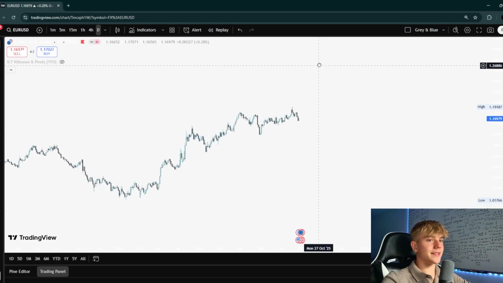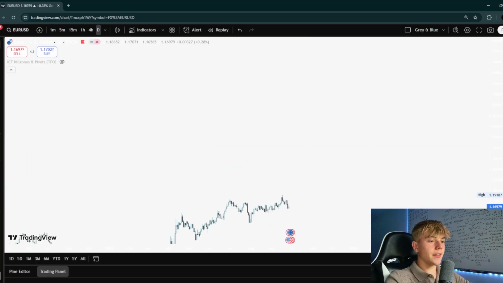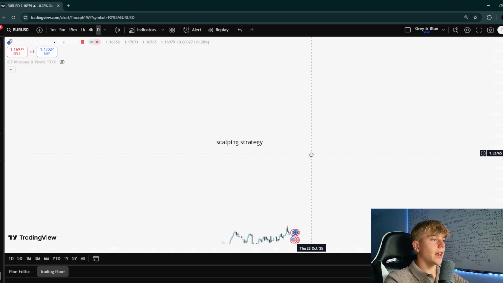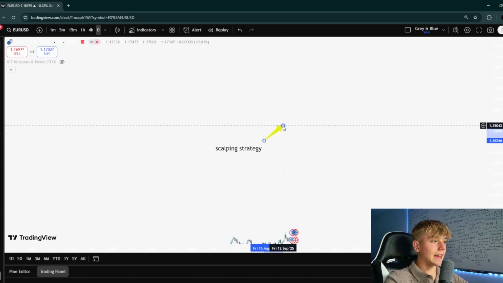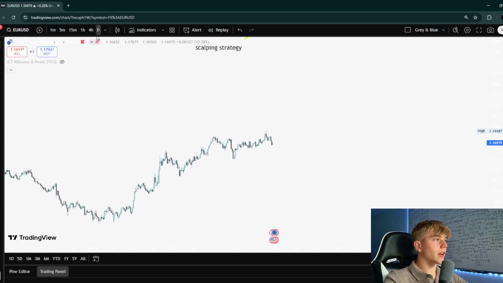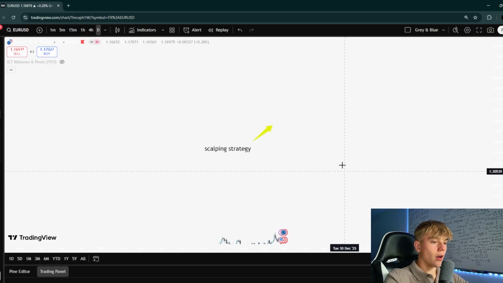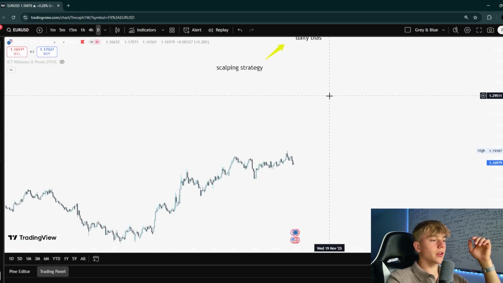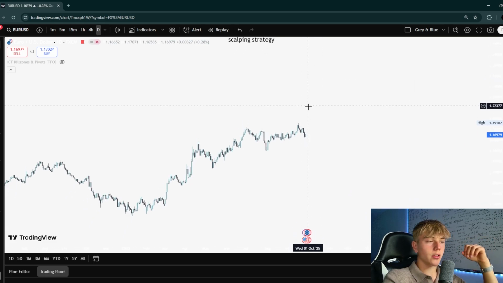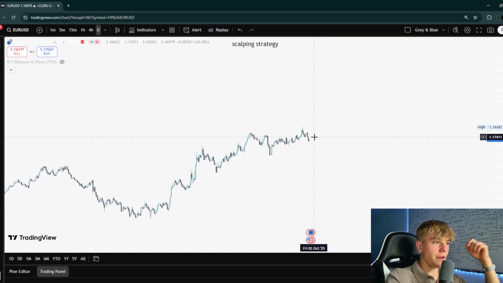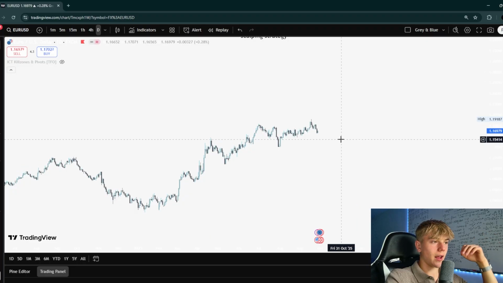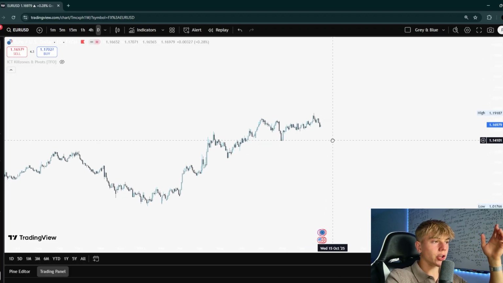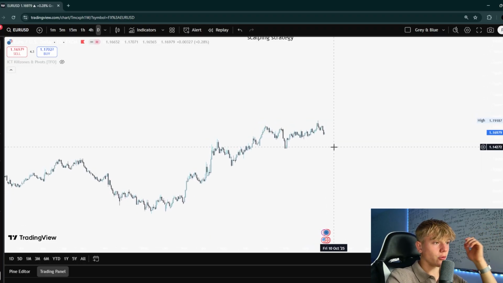So let's get straight into the charts. The first thing that I need to see when trading my scalping strategy is I look at the daily time frame. Why do I look at the daily time frame? Well, I want to find a daily bias for the day, because when you're trading scalping, you're on lower time frames and they move very rapidly all over the place with very weirdly high volume, and it's very difficult to get an overall picture.